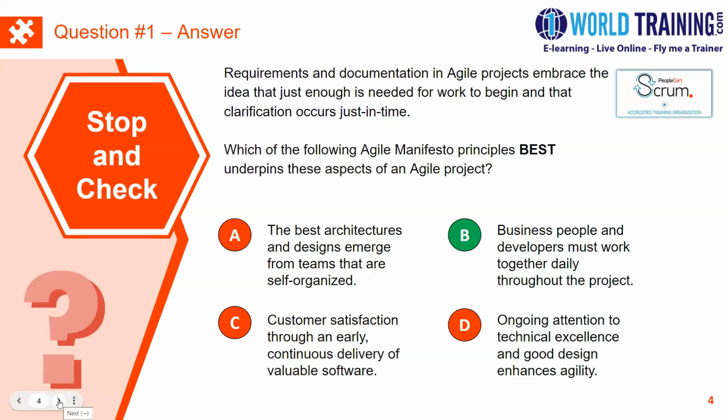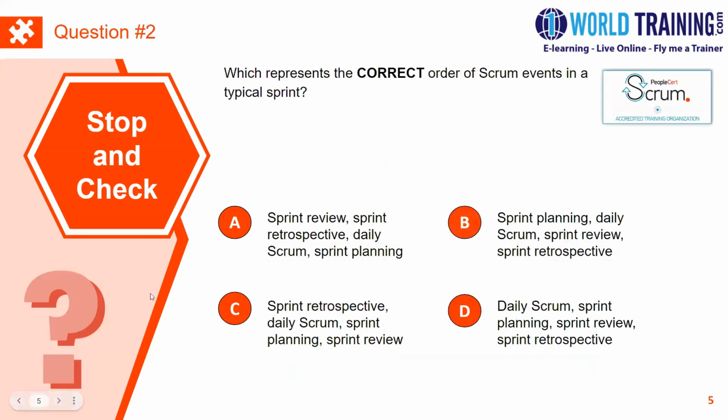Let's look into the next question, question 2, which asks for the correct order of Scrum events in a typical sprint. Option A is the sprint review, the sprint retrospective, daily scrums, or sprint planning. Option B is sprint planning, daily scrum, sprint review, and sprint retrospective.